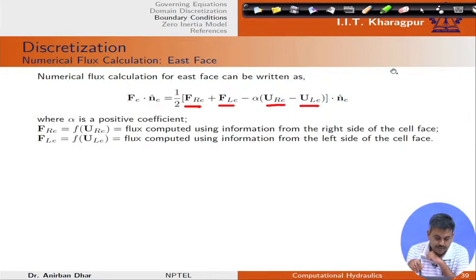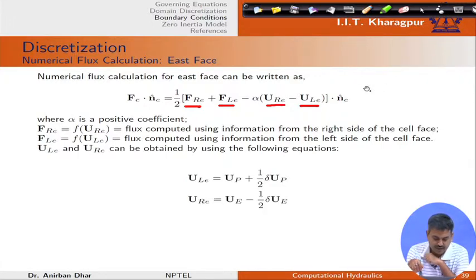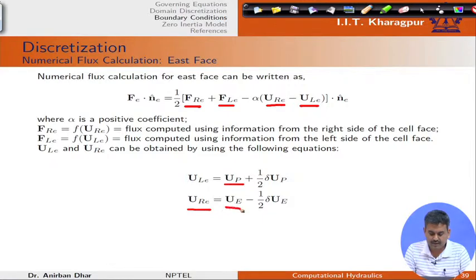So, in this case, we can write this from the information from the right side and left side. This u_L is nothing but u_P plus delta u_P, and on the right it is u_E minus delta u_E.